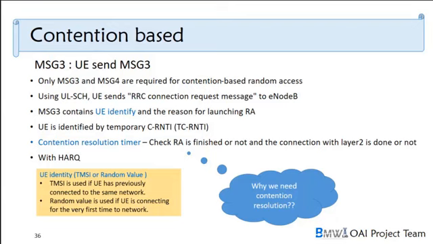If you choose the same one, the UE will receive two eNodeB responses, but it can only connect with one, so you have a collision. If you have a timer, you can know whether the UE is connected or not. So we have a timer here.